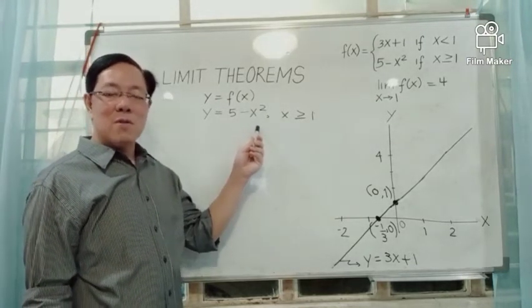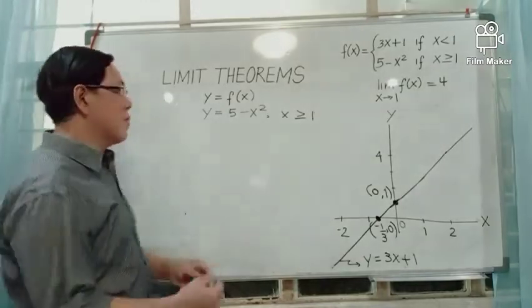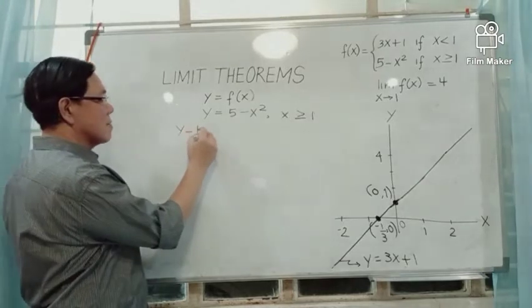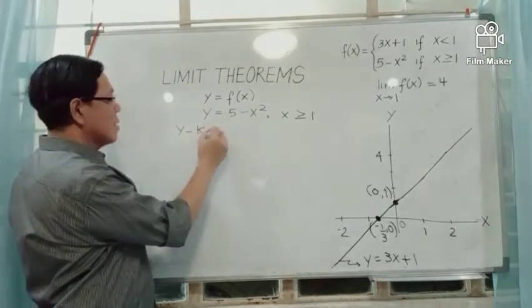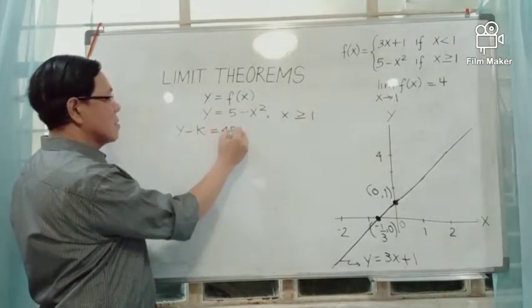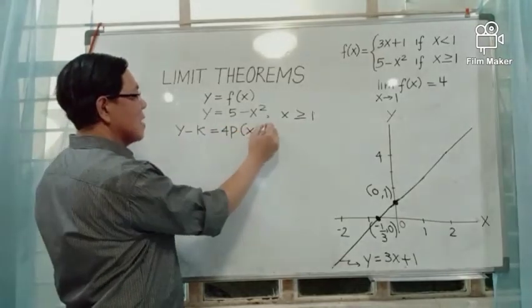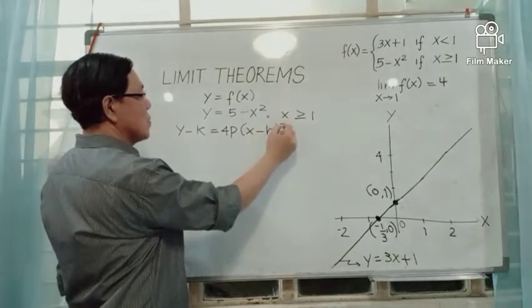whose general equation is of the form y minus k equals 4p times quantity x minus h to the power 2.